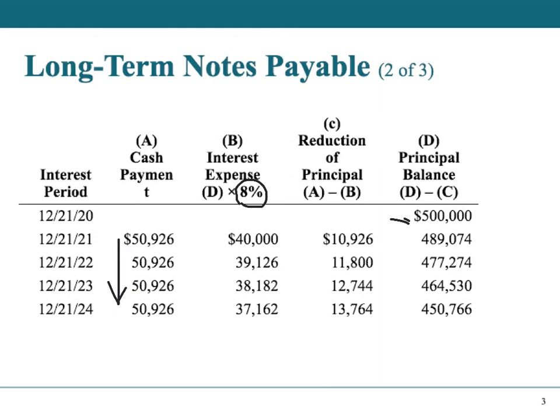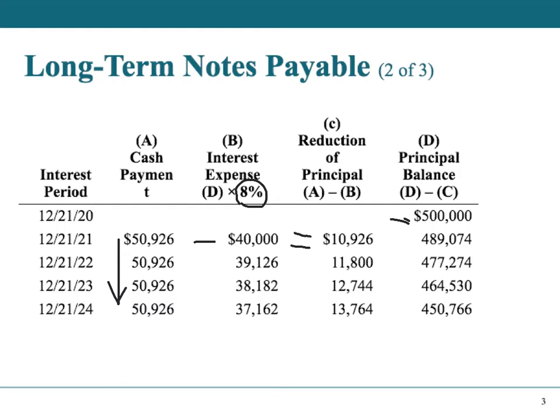So $500,000 times 8% times 1 year will equal $40,000. Out of the $50,926 that we're paying, $40,000 is attributed to interest, and the rest is the reduction in principal.